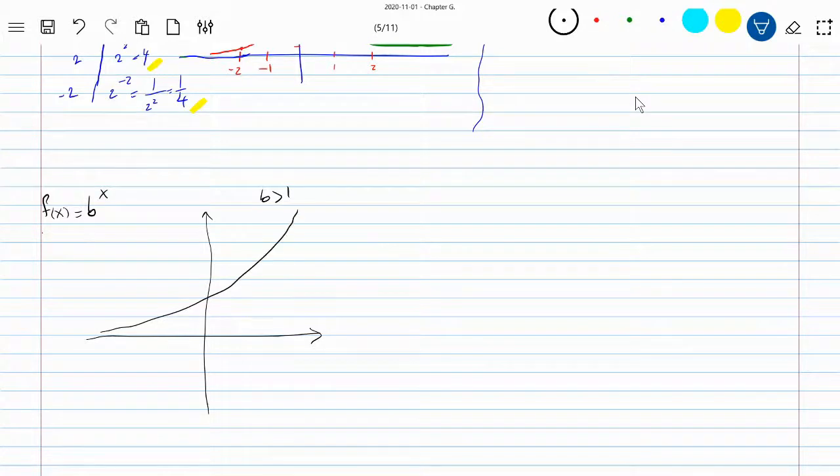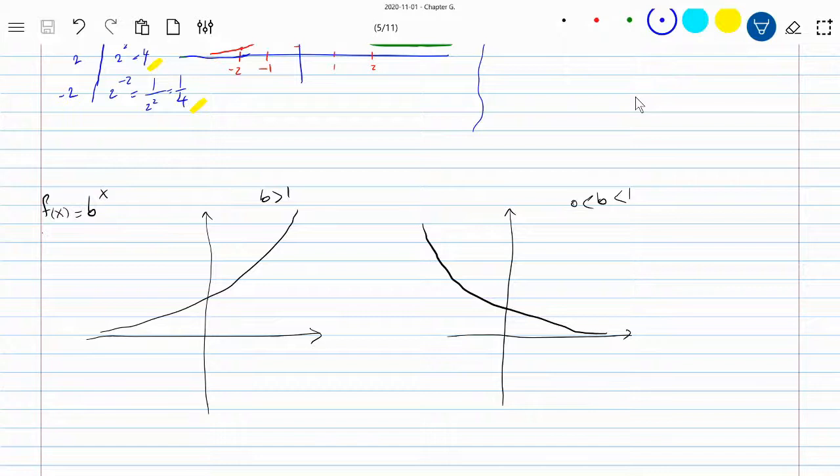It would be increasing. On the other side, if the base is less than 1, but still positive, between 0 and 1, then it would be just a reflection of one of these cases, like 2 to the power x or 3 to the power x.